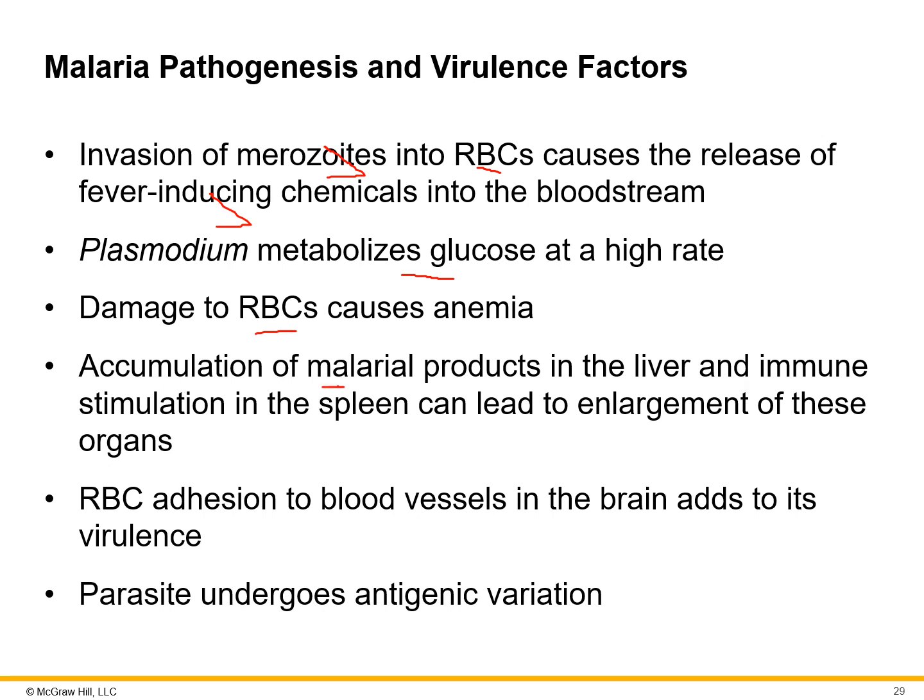Accumulation of those products in the liver and the immune stimulation in the spleen can enlarge multiple organs. The red blood cell adhesion to blood vessels in the brain adds to that, so it increases the risk of a heart attack or stroke. The parasite can undergo that antigenic variation, again, just being able to change the appearance of some of its proteins or antigens, which changes the ability of our antibodies to recognize it.